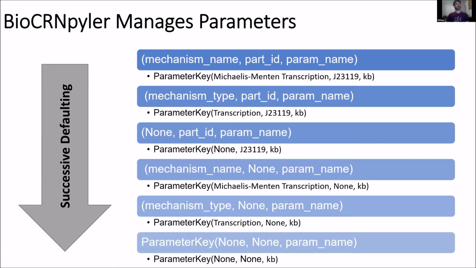And then later, as I do literature searches or parameterize my model from data, I can fill in my model with very specific parameters for different mechanisms and components, as well as the underlying parameter needed for that mechanism and component combination. So this is a very flexible way of not having to specify every single individual parameter in your model by hand. You just specify some default ones, and then you go back in later to figure out more detailed ones as you have time. It gets models up and running very fast.